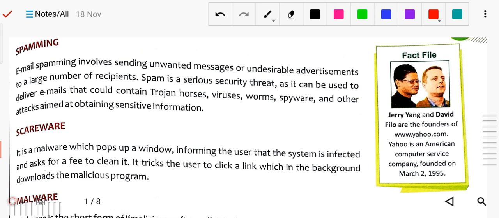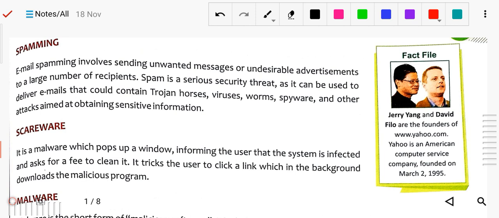The same email or many emails will be sent to those recipients, and they contain viruses, worms, spyware, and other misleading things, and the attack is carried out through the emails only. So that is spamming. It is generally carried out through emails.